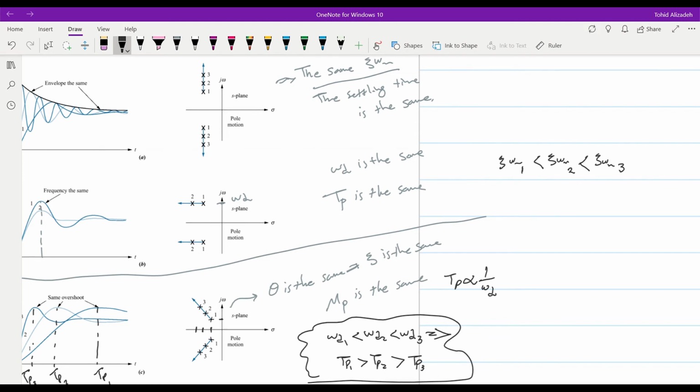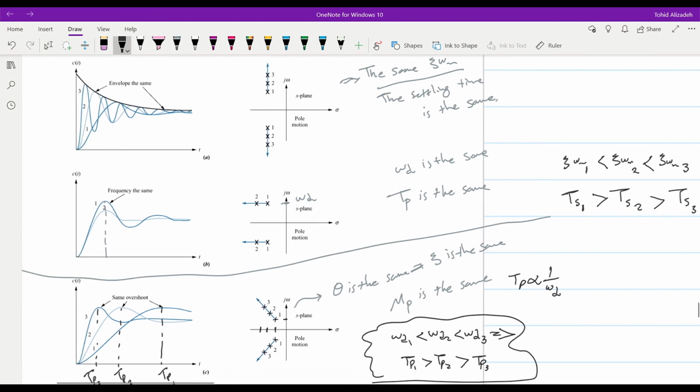And since the settling time is proportional to 1 over zeta omega n, we can say that TS, settling time either 2% or 5%, for the first system will be bigger than settling time for the second, and it will be bigger than settling time for the third system.